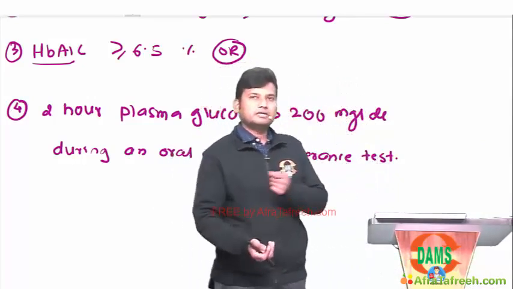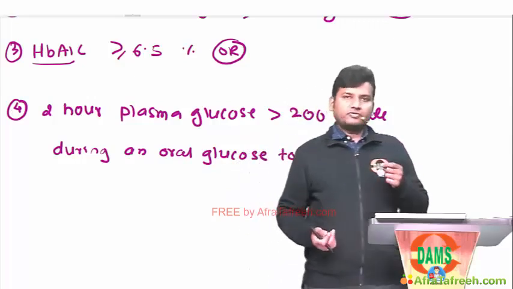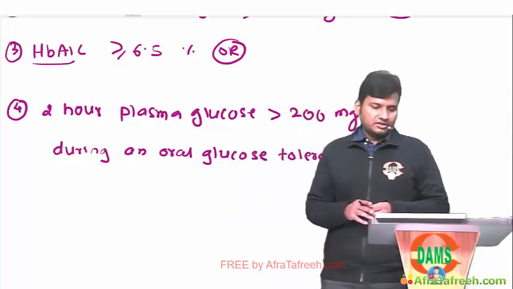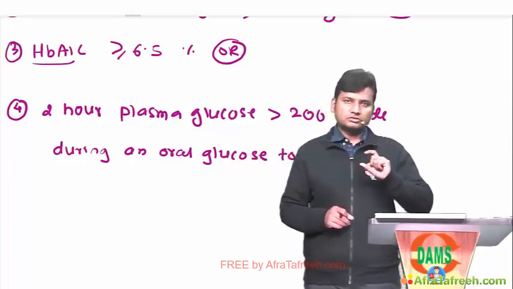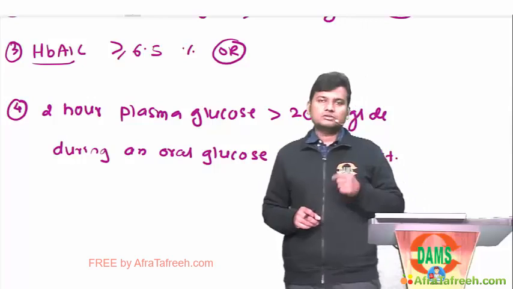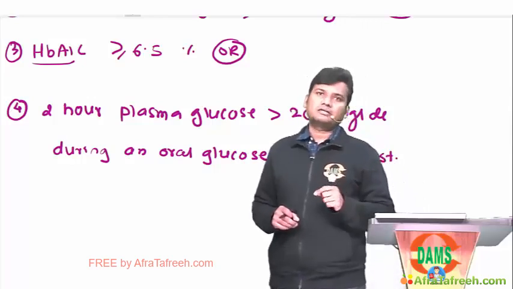We will collect the blood sample. It is fasting blood sugar. After this, we will give 75 gram of anhydrous glucose. The patient will take that glucose, 75 gram of anhydrous glucose.